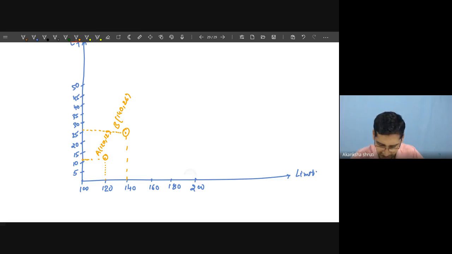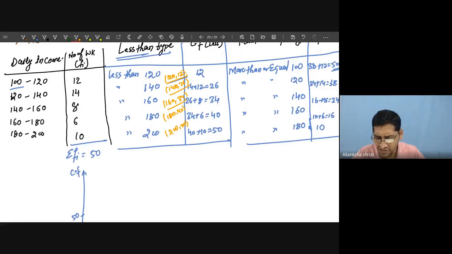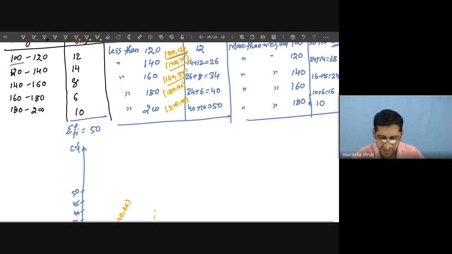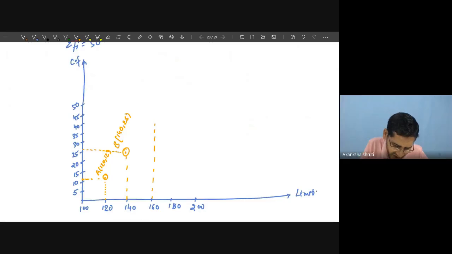Now we can go for C, which is our 160 and 34. 34, just below 35. It is this point, so be careful.